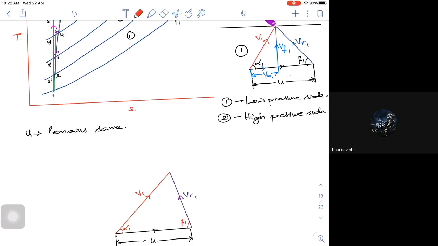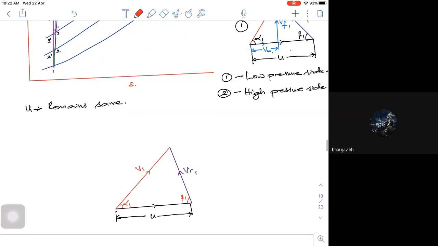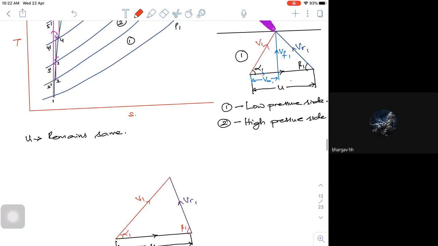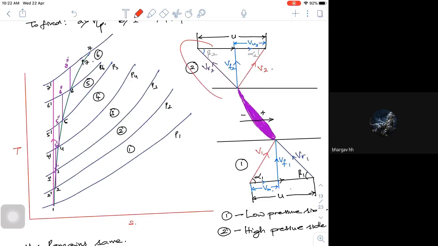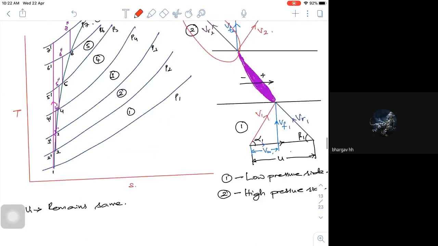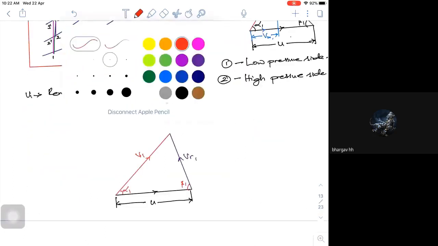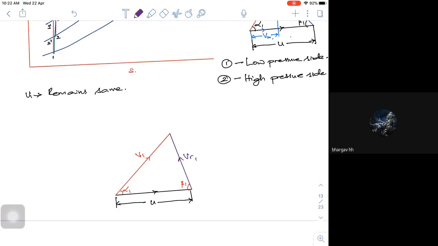Now what about the exit condition? It is the same velocity. This particular component, I'm going to circle that. This one I can draw from this particular point as VR1, sorry, VR2. So it goes as VR2, like this.